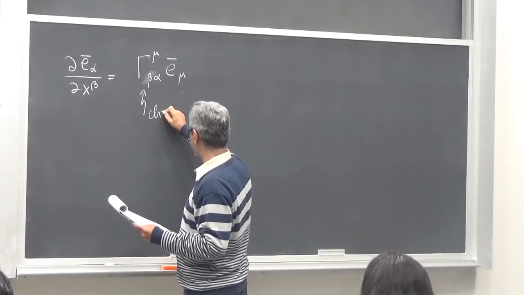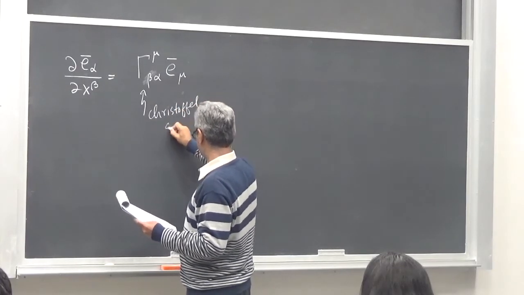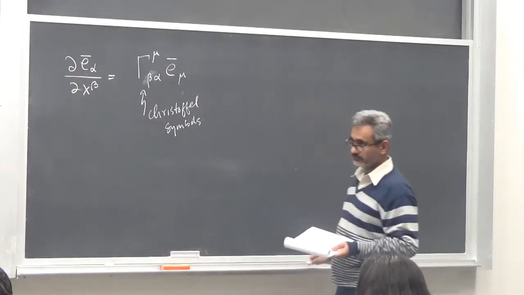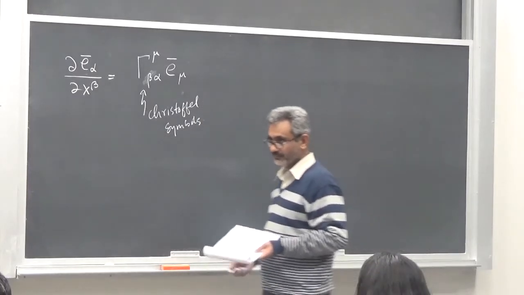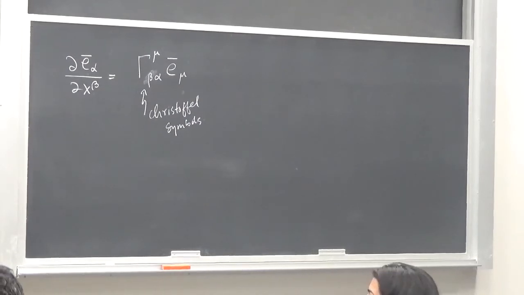These things are called Christoffel symbols. Why don't we call them Christoffel tensors? Because they're not tensors, and that's why they're symbols. You're writing alpha, beta, mu, things which are characteristic of tensors, so we would have to show that they are tensors.